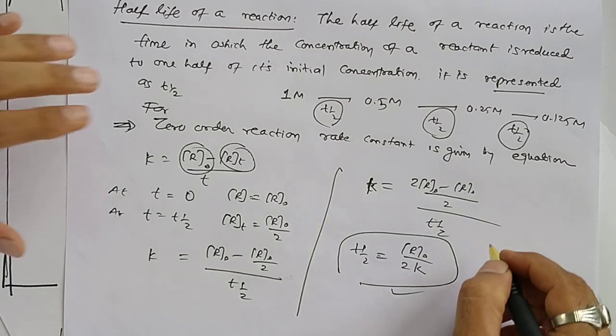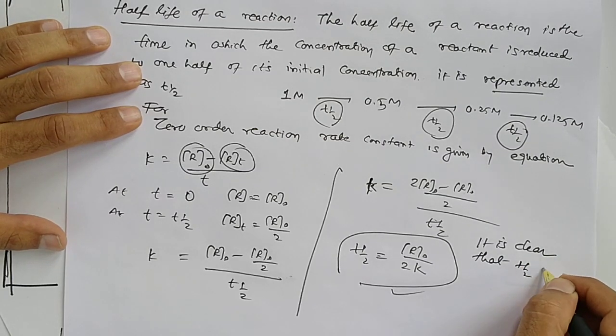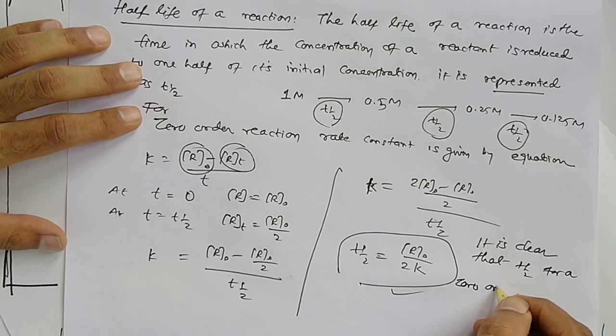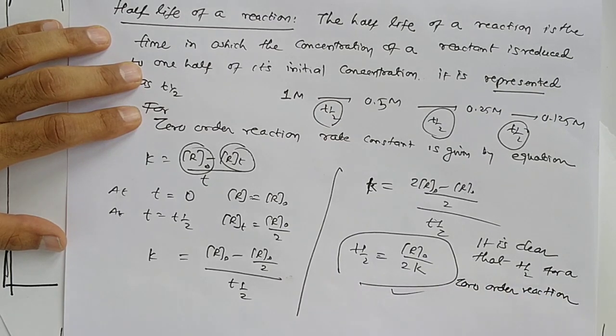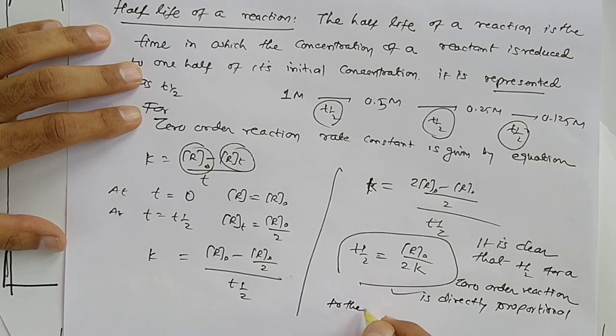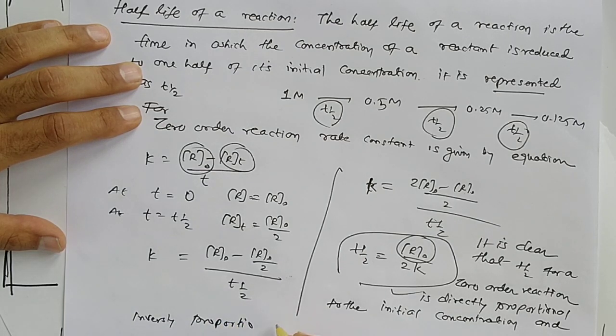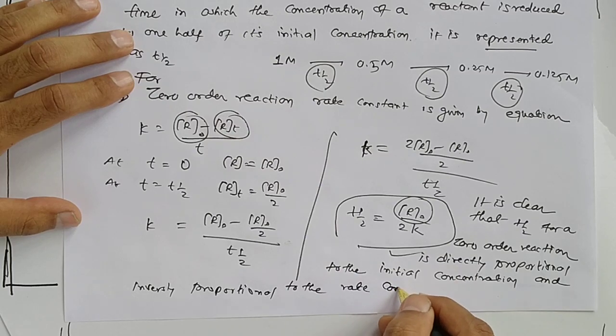It is clear that T1/2 for a zero order reaction is directly proportional to the initial concentration and inversely proportional to the rate constant.